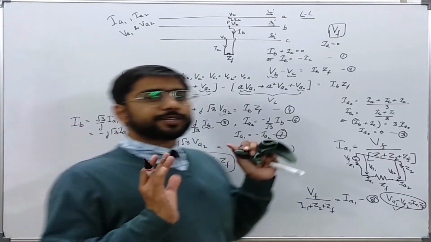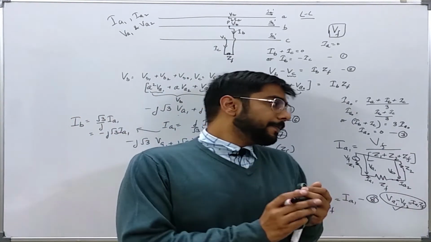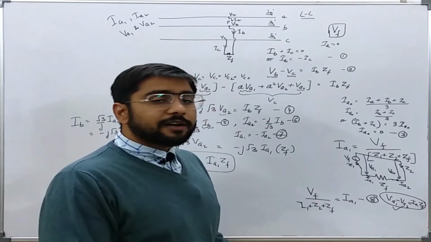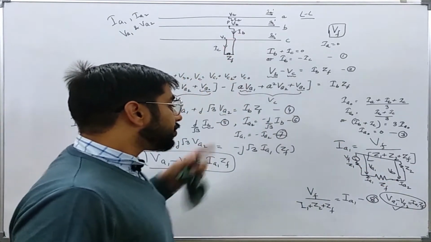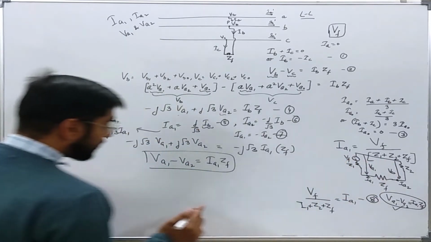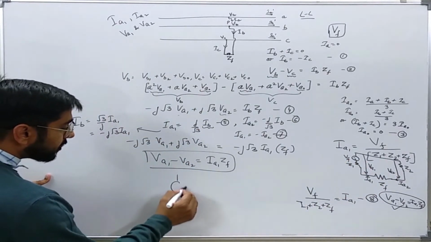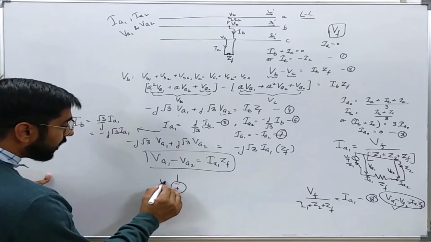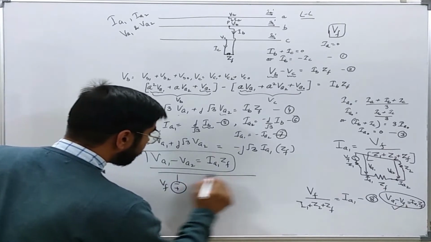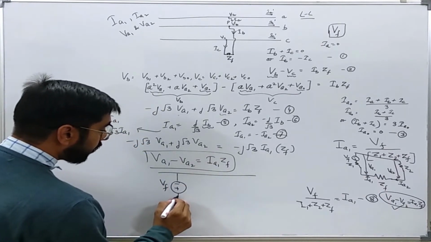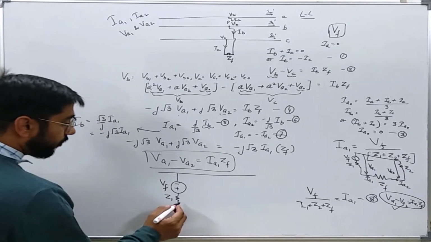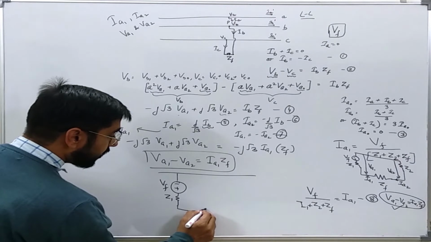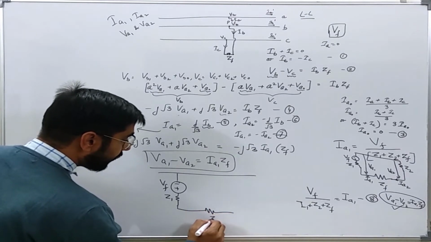So now we are sure that the various sequence networks, the positive and the negative sequence network of the power system, should be connected in such a way that this is, let us say, the pre-fault voltage VF, this is the reference or the neutral of the system, this is the positive sequence Thevenin impedance seen from the fault point, and this is the fault impedance ZF.